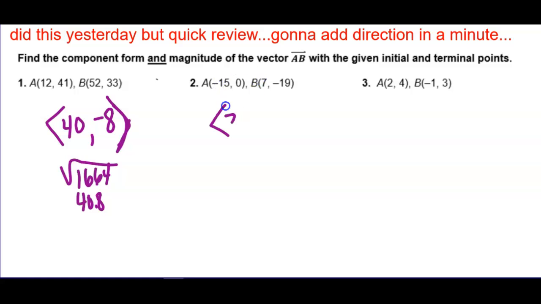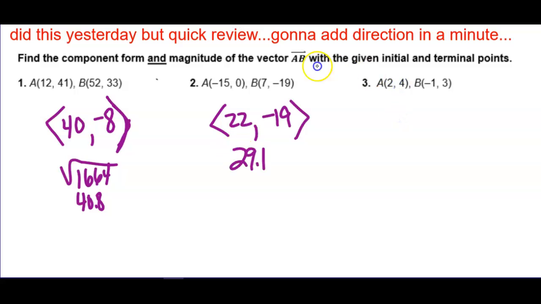-15 to 7 was 22. And when we did that one, we got square root. Well, anyway, it came out, I didn't even write the square root down. I just wrote, it came out 29.1.